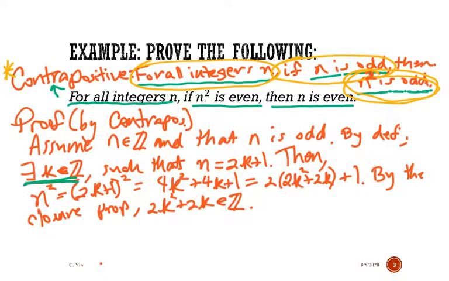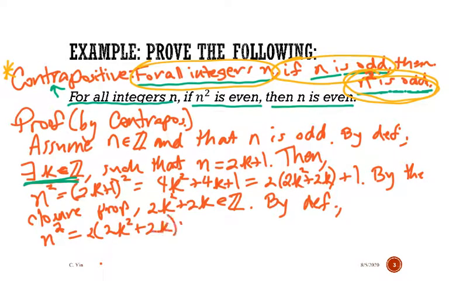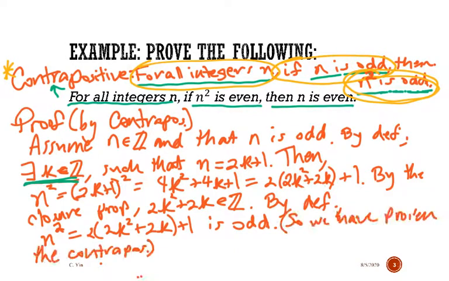All right, and so by definition, this n squared, which is equal to 2 times 2k squared plus 2k plus 1, is an odd number. All right, so what we did was we just finished proving the contrapositive.